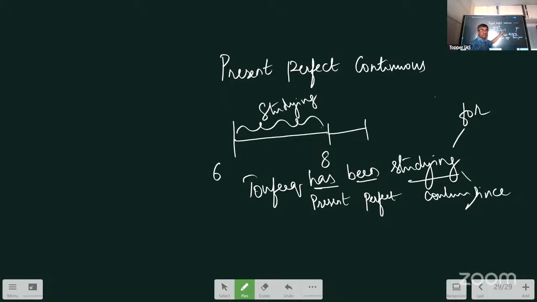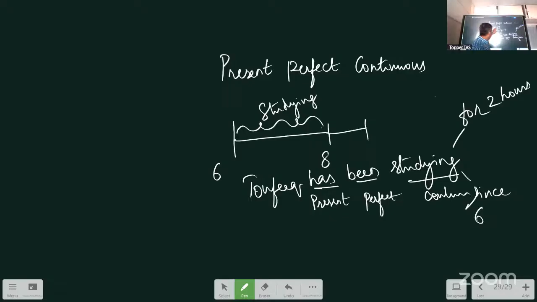How many hours? 2 hours. When I can count, I have to use for. So I should say, Taufik has been studying for 2 hours. But if his mother wants to say from when, not how many hours, then she will say, Taufik has been studying since.